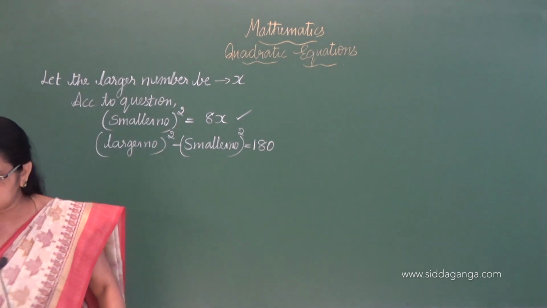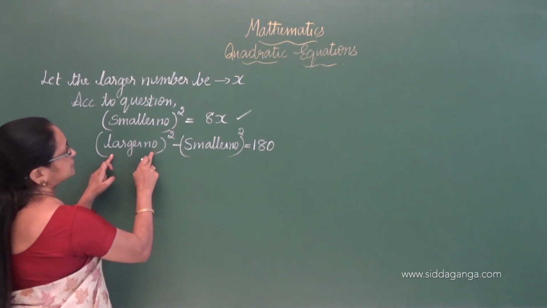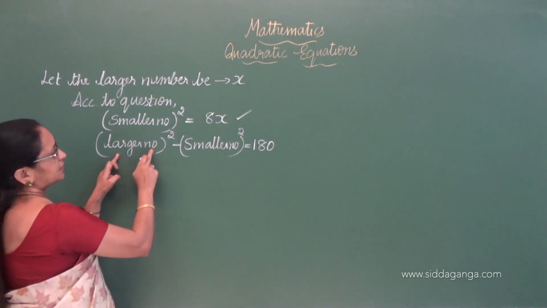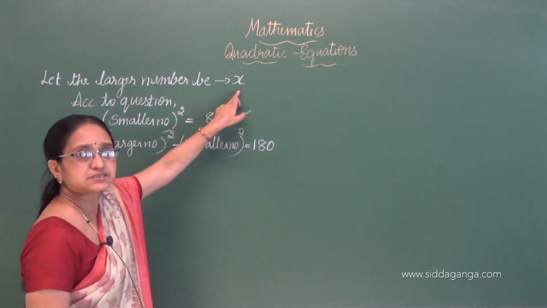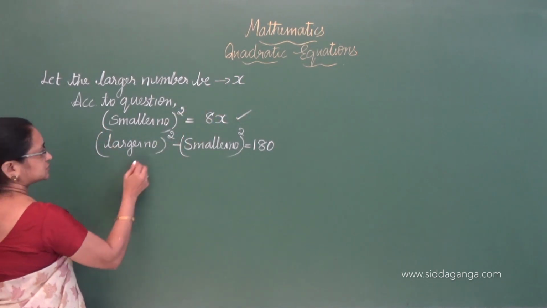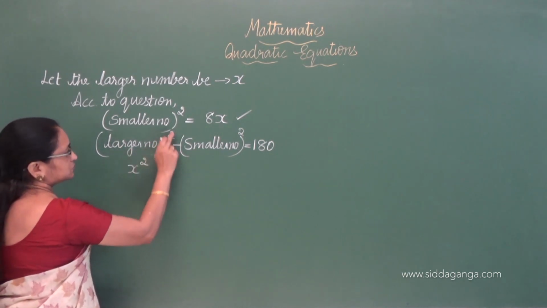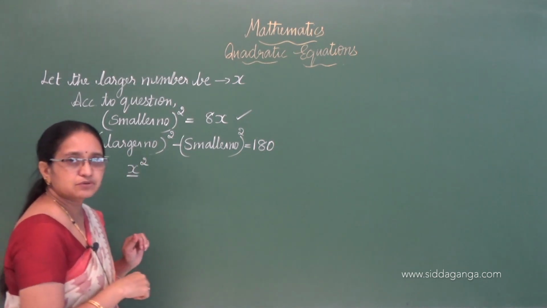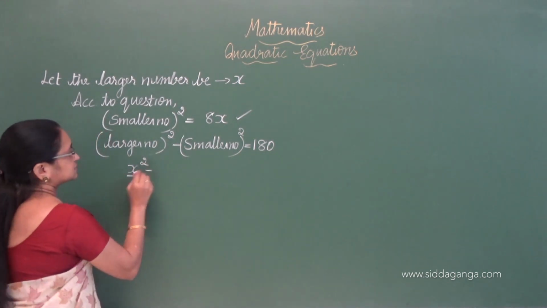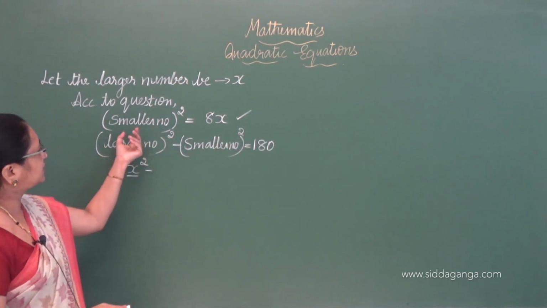Now let us write this in the algebraic form. According to our assumption, we have taken x as the larger number. So the larger number whole square means x square. Minus smaller number whole square. Now listen carefully here.